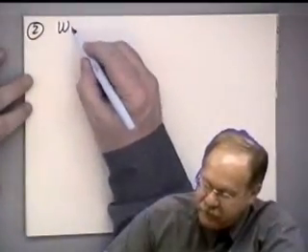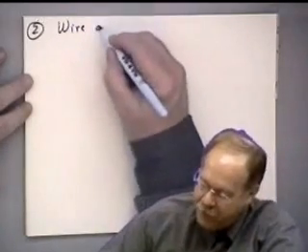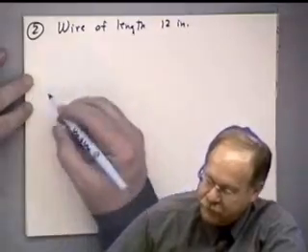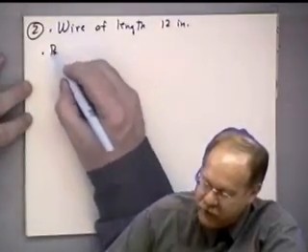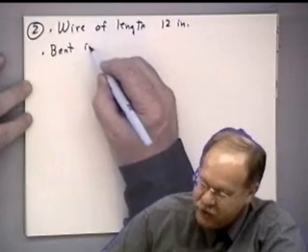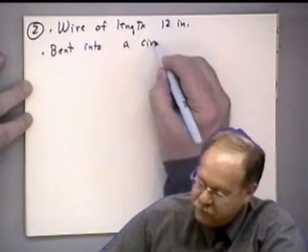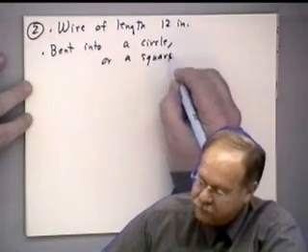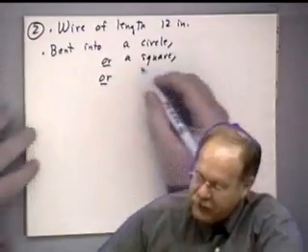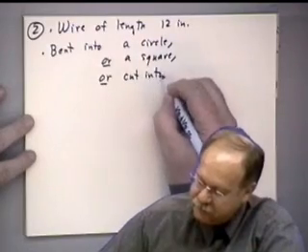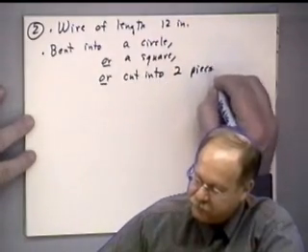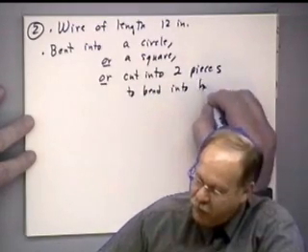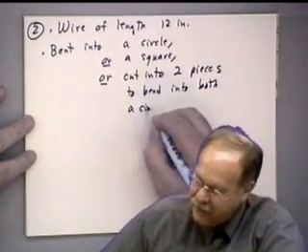Another classic, actually. Suppose you have a piece of wire, and the piece of wire is of length 12 inches, say. Now, what we will do with this wire is it will be bent into a circle, or it'll be bent into a square, or it will be cut into two pieces to bend into both a circle and a square.